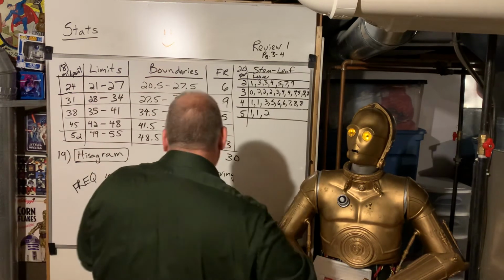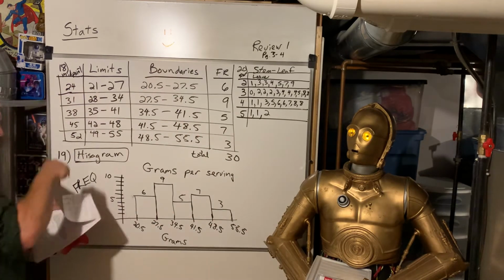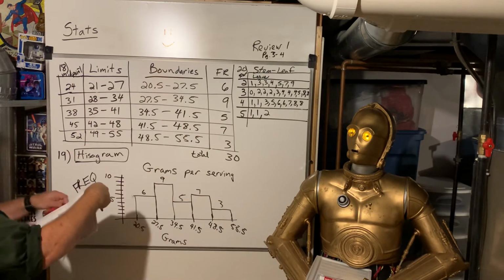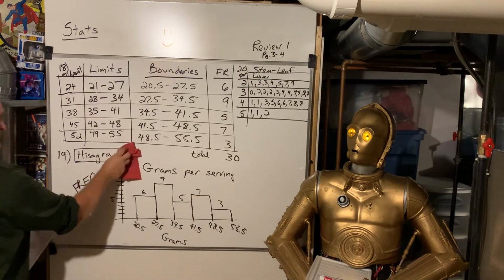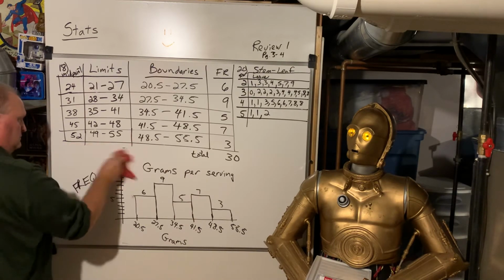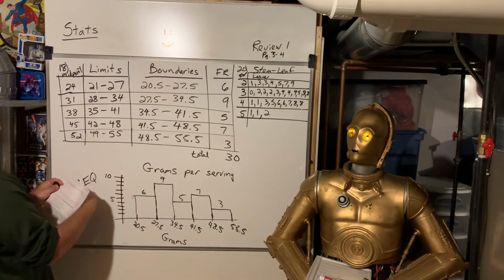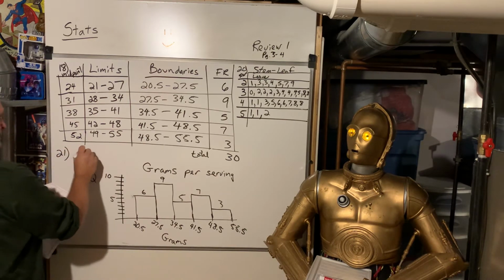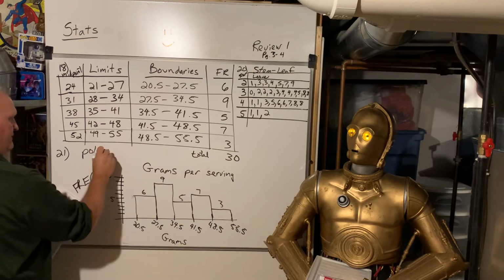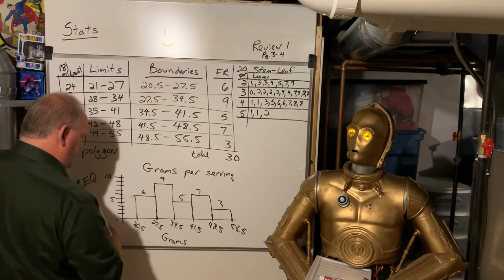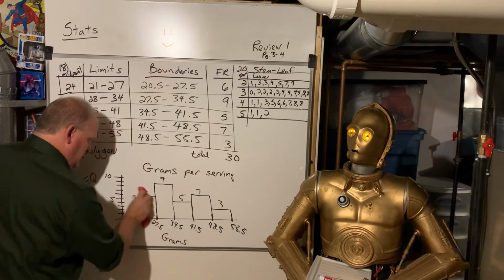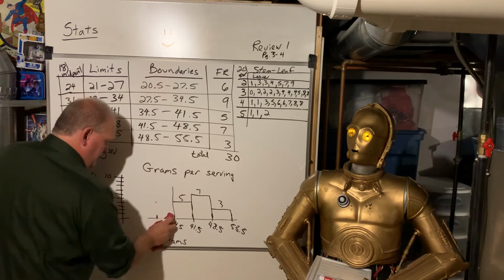Okay? So the next one, they want us to do a frequency polygon. So I'm going to make that 21, polygon. I'm going to leave the frequency, the title, and the label, but I'm going to change the middle part here.